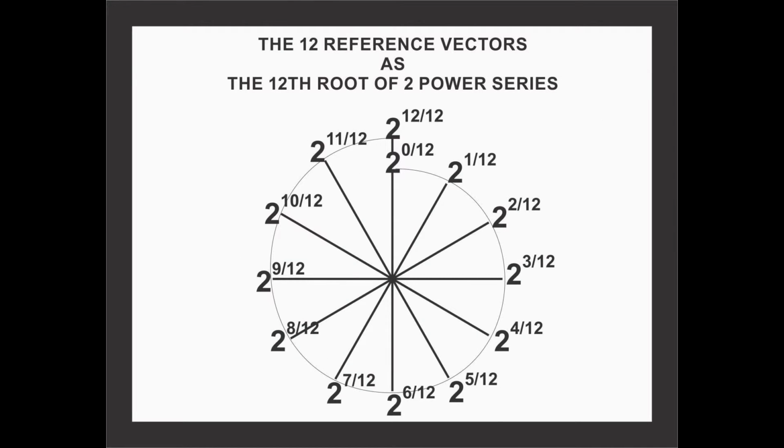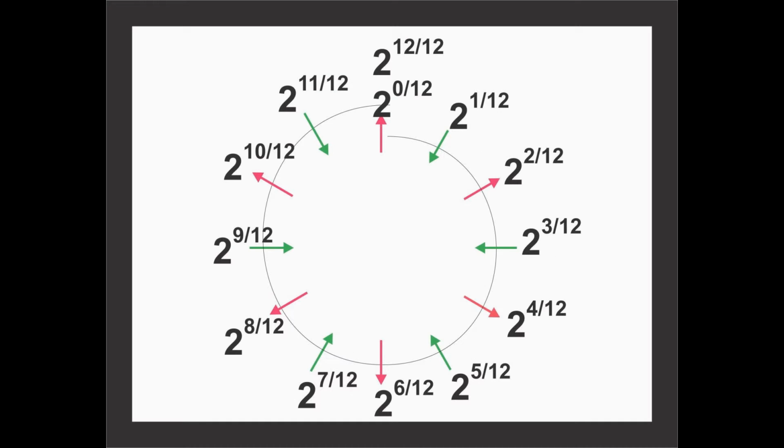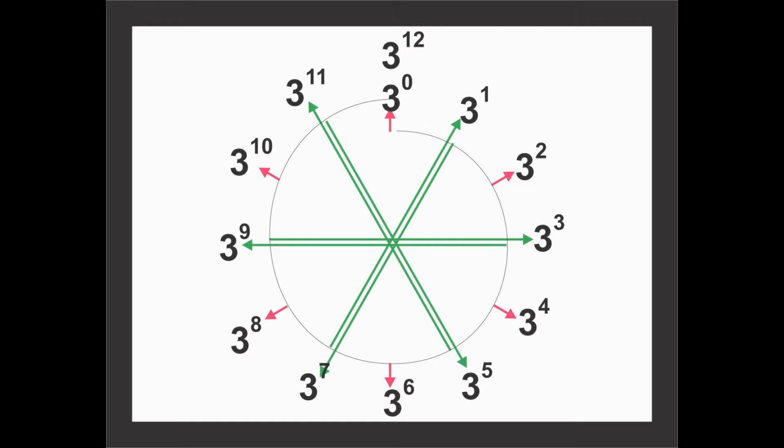Given that the vector circle is referenced to equalized spacetime, then the 12 reference vectors are also equalized, resulting in the 12th root of 2 power series. On the 12th root of 2 power series circle, every other vector is inverted. On the 3 to the nth power circle, all the vectors align, but originate on alternating sides of the circle.